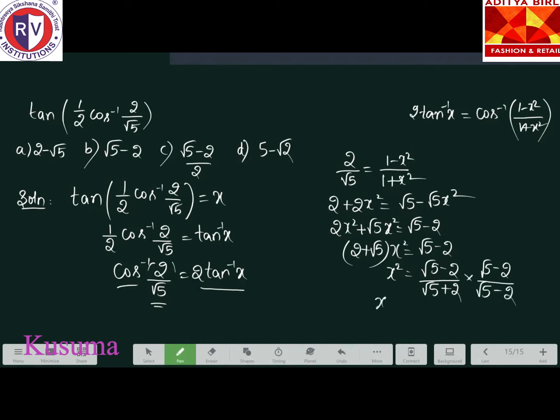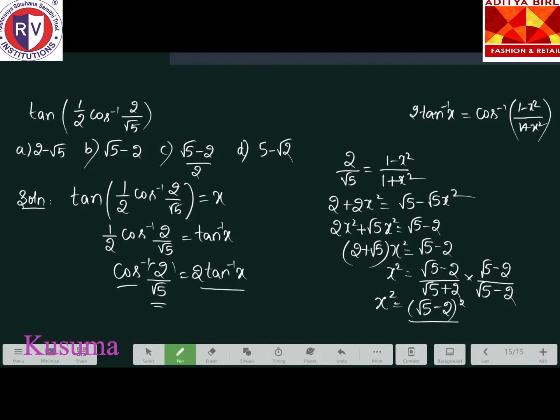Okay. So what is the value of x square then? So here it will be root 5 minus 2 whole square, right? Divided by, here it will be root 5 whole square minus 2 square. That is 5 minus 4. So in the denominator it will be equal to 1.